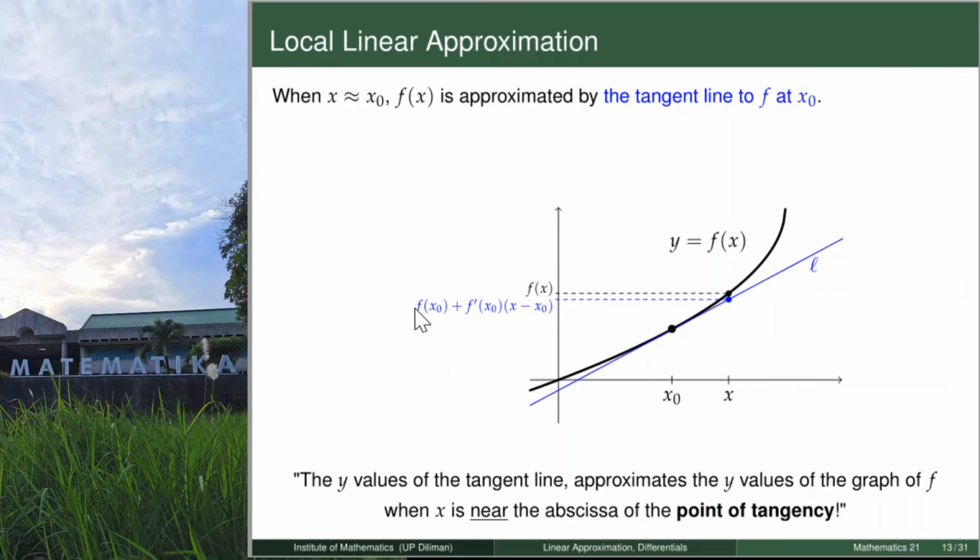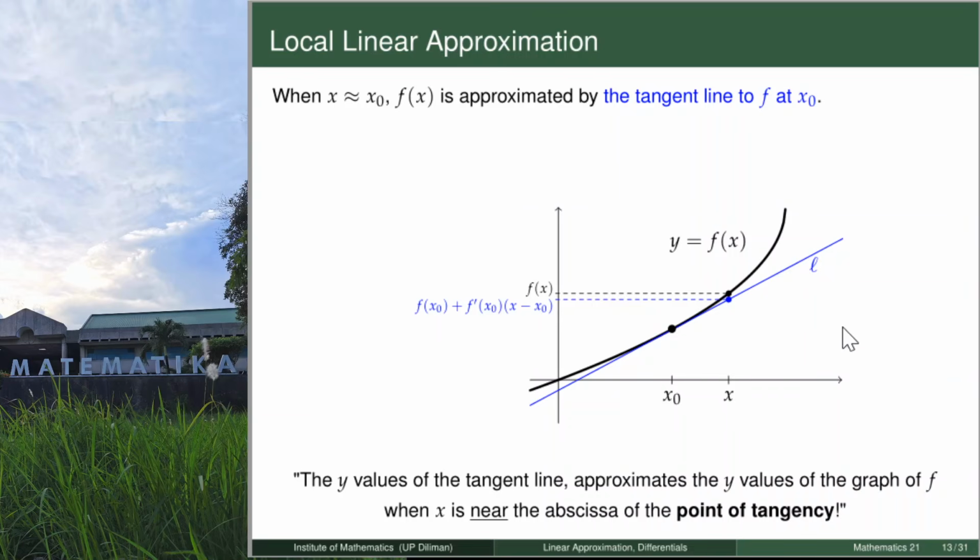So the y values of the tangent line, the blue dots, approximate the y values of the graph of f, the black dots, when x is near the abscissa of the point of tangency, which is this point.